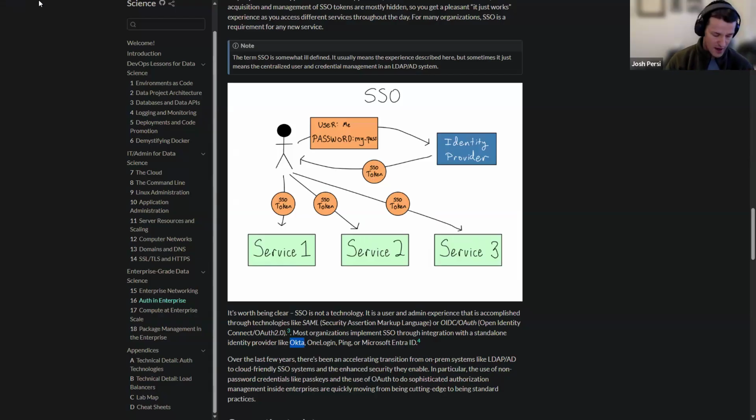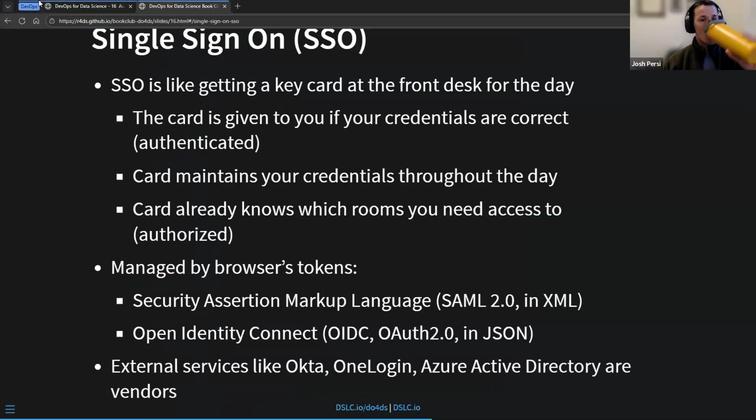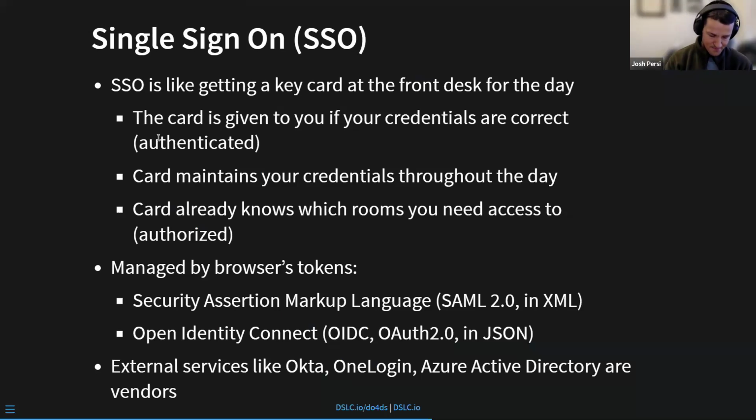Okay, so let's hop back to the slides. Going back to our rooms and buildings analogy, this is analogous to walking into an office building and getting an ID card. Everyone you pass in the hallways, every room you try to enter, they know who you are.